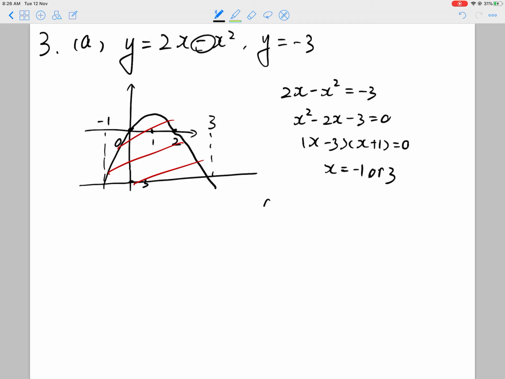Then the integration is just from negative 1 to positive 3, the upper curve minus the lower curve. So it's 2x minus x squared, minus the lower curve, negative 3, dx.